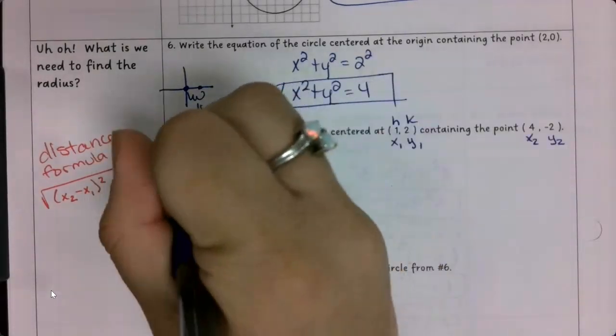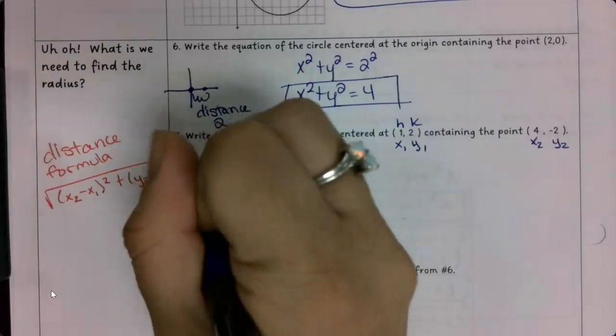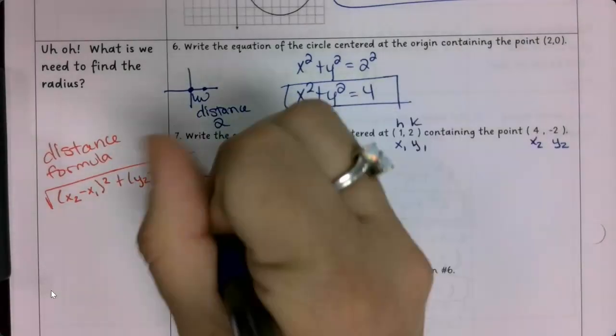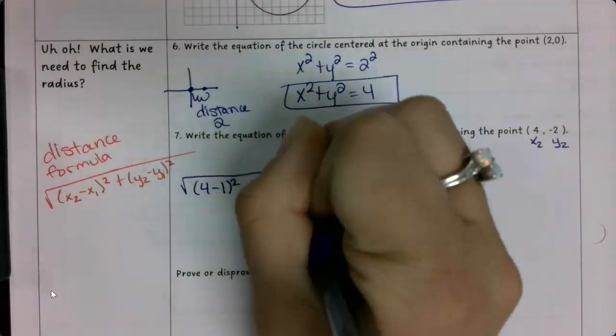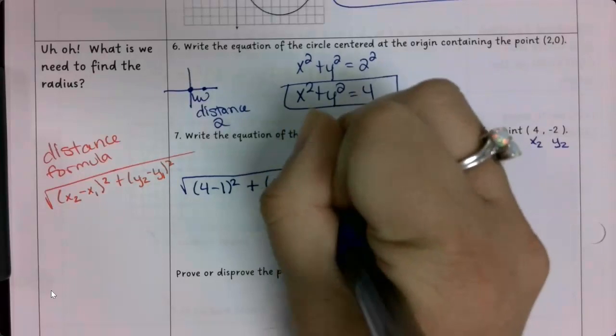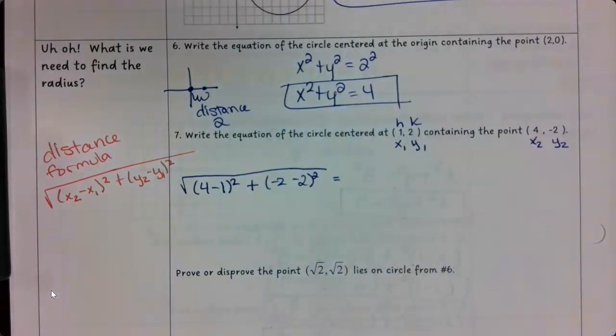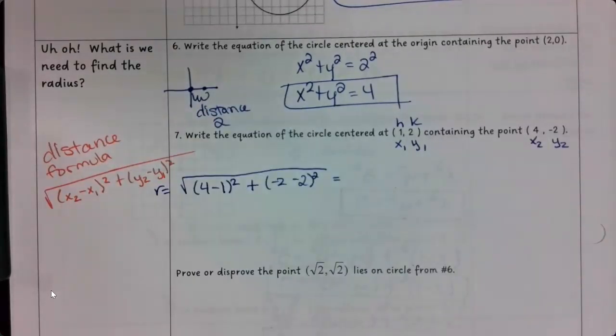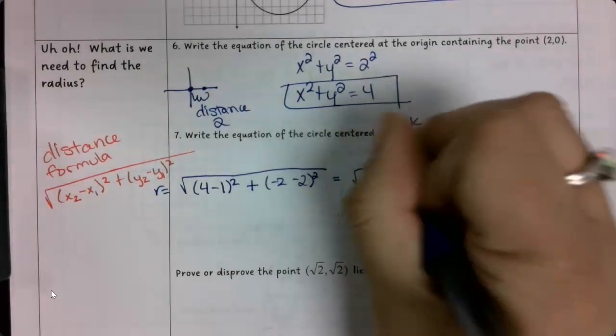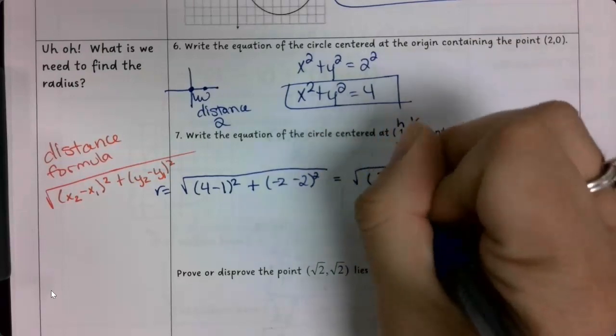So I'm going to plug into this formula. I'm going to have the square root of (4 minus 1) squared plus (negative 2 minus 2) squared. And this is going to give me my radius when I'm done solving. Okay, so 4 minus 1 gets me 3.